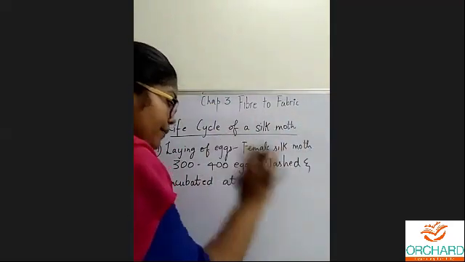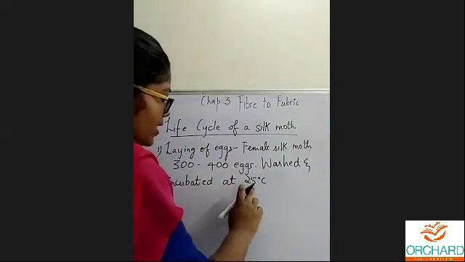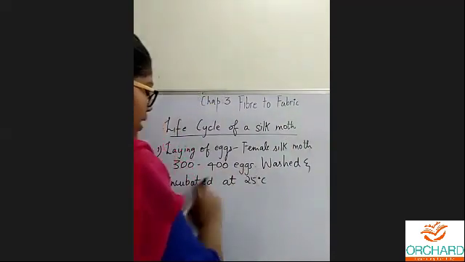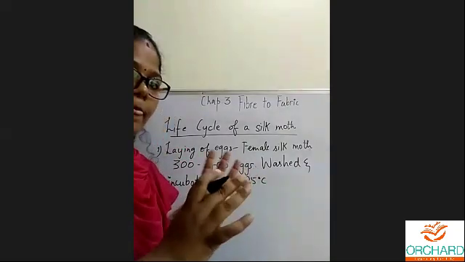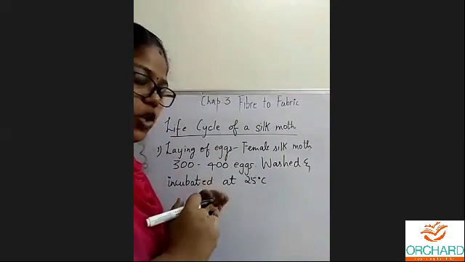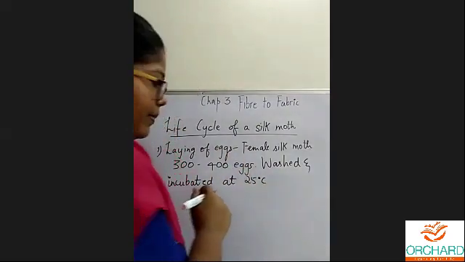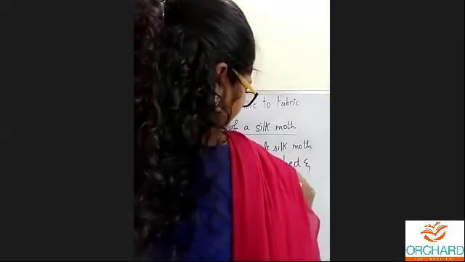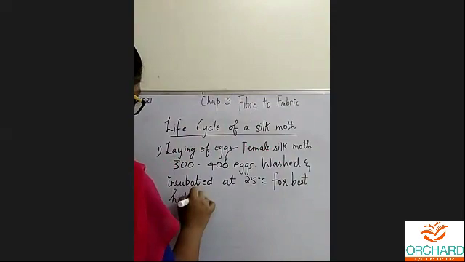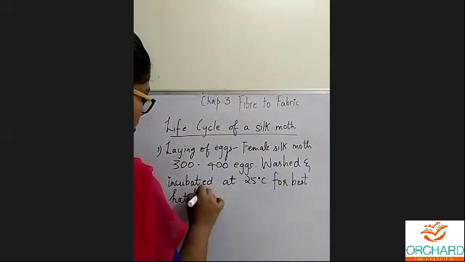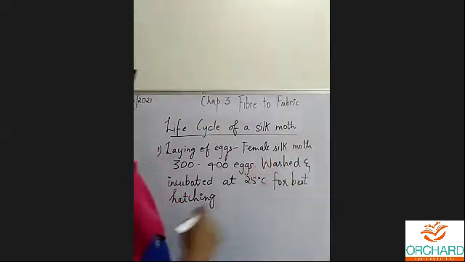So the correct temperature for the eggs to hatch is 25 degrees Celsius. So they are kept in the laboratories at 25 degrees Celsius. They are incubated for best hatching. It's not a very easy thing. Every small thing makes a difference, right?